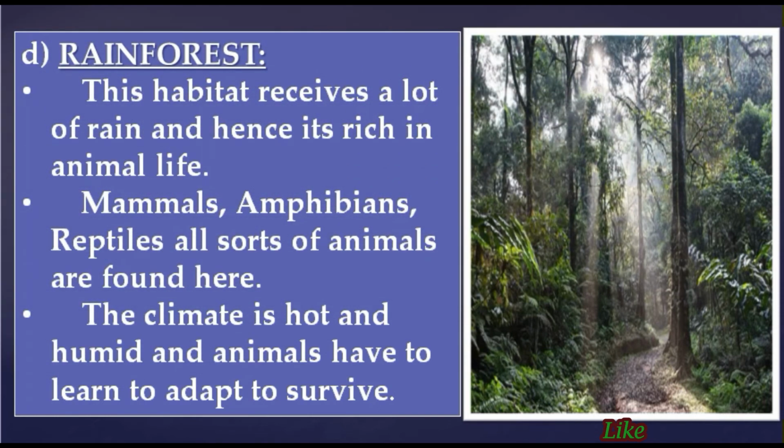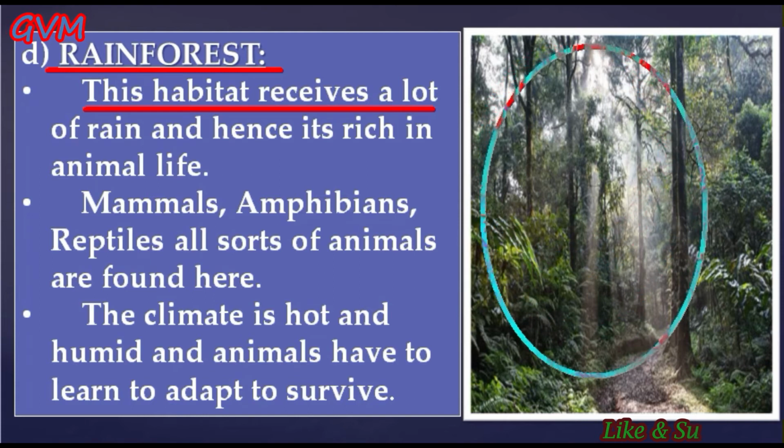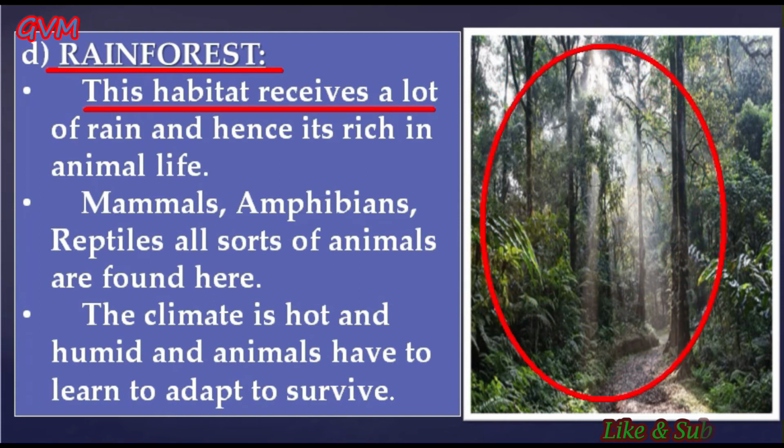Now students, the next type of terrestrial habitat is rainforest. Students, as the name suggests, these habitats receive a lot of rain, and hence these rainforest areas are rich in animal life.